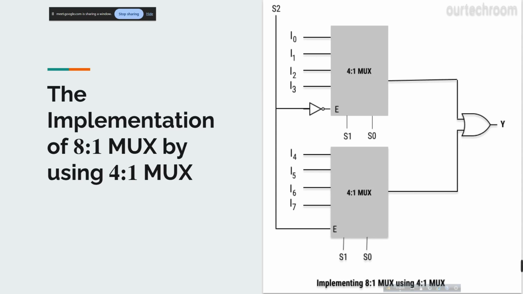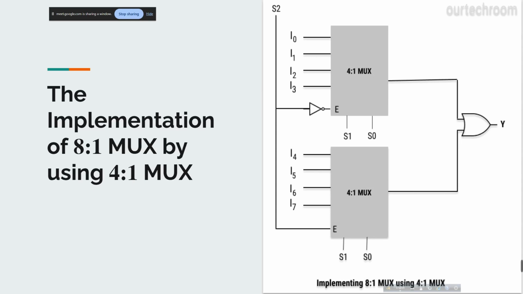In the diagram we can see a new selection line, that is E, connected between the two 4 cross 1 multiplexers. When one 4 cross 1 MUX is in online mode, the other 4 cross 1 MUX is in offline mode.